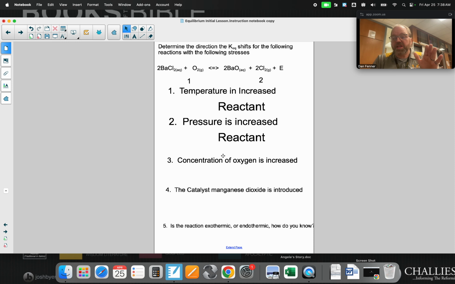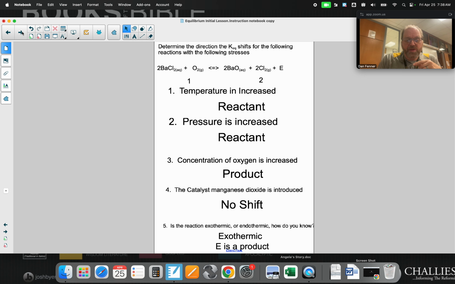So if I'm increasing, remember it's like turning the water on in that bathtub, it's going to go the opposite way. So the equilibrium is going to shift towards the products. Catalyst, no shift, absolutely positively. And last one, is the reaction endothermic or exothermic? Well, energy is a product, so it's exothermic, and the reason is that energy is a product.